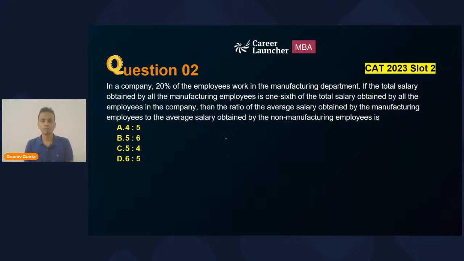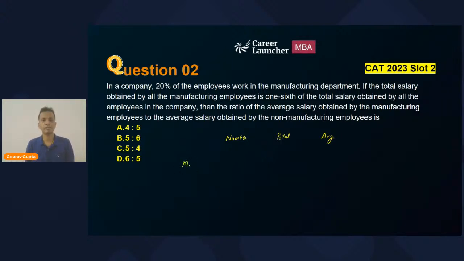Okay, so the number of employees, the total salary, and the average, right? Some information for the number of employees and the total salary is given, and we will be able to find out the average.